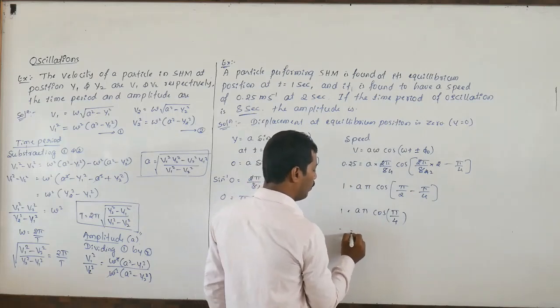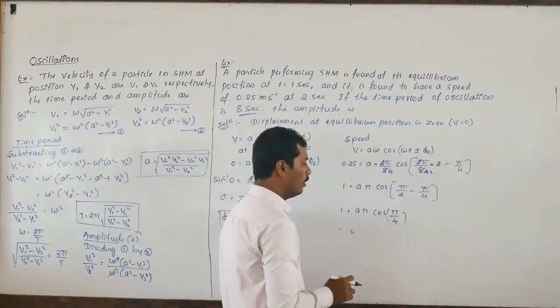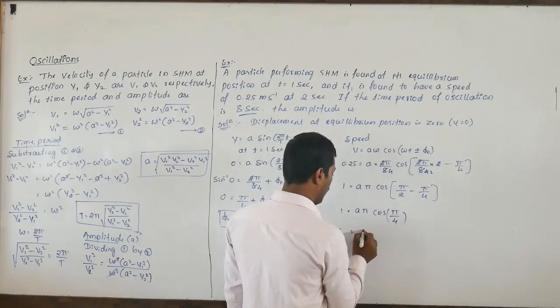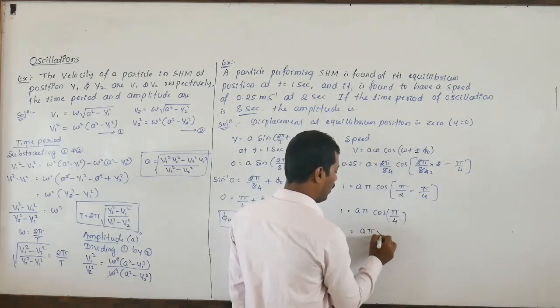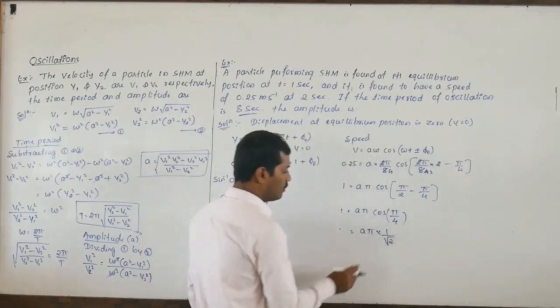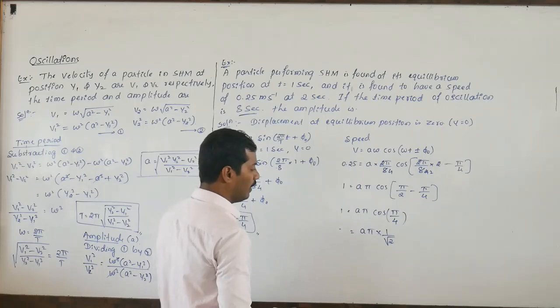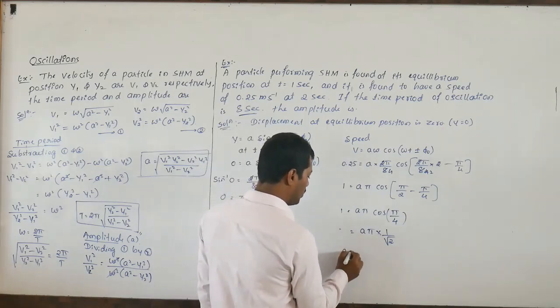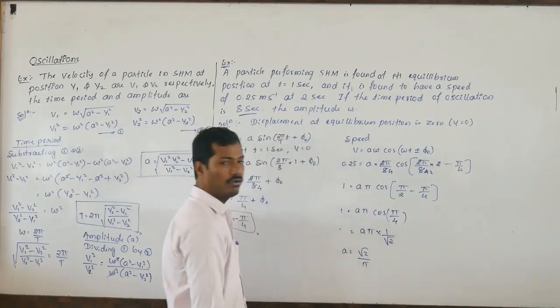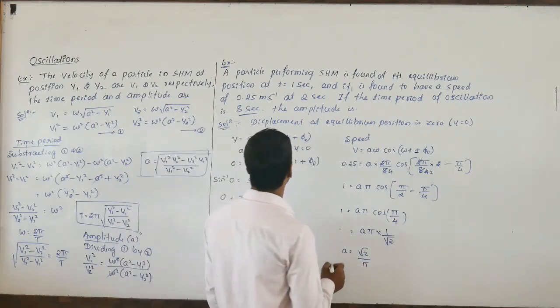If it is pi by 4, cos of pi by 4 is 1 by root 2. So A pi into 1 by root 2. If it is 1 by root 2, then the value of A becomes root 2 divided by pi. Then you can calculate this one. The amplitude is like this.